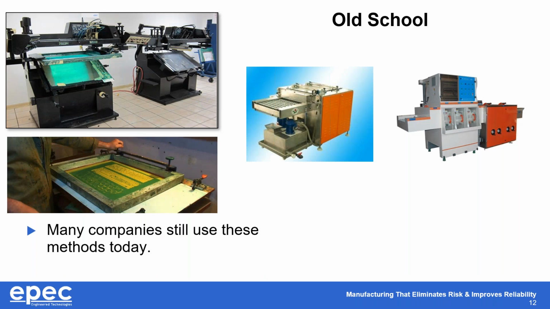Traditionally, how we would do filled vias back in the day, before all this new technology came out, was using old school methods, right? When you look on the left, you're talking about a manual screen printer or a semi-automatic screen printer. What we used to do is create an image on that screen where we would then use the via fill, and we would move it across with a squeegee where it would only be administered into the vias that we would want.